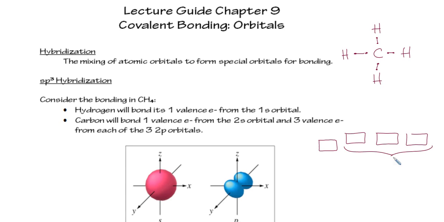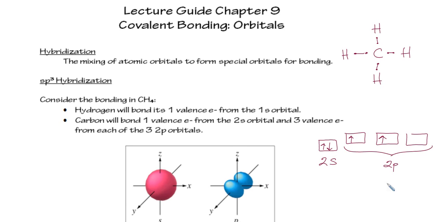So for carbon, the valence electrons will be in the second energy level. So we'll make this the 2s, and these will be the 2p orbitals. Carbon has 4 valence electrons, right? So we normally sketch them as 1, 2, 3, 4. Okay, so here's my 4 valence electrons.